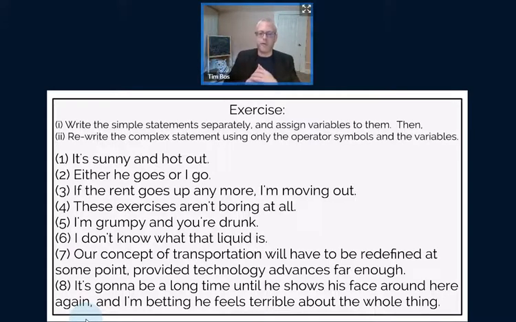Pretty straightforward. Negations are pretty simple too once you understand it, and sometimes you have to look for contractions like aren't and isn't and haven't, right? Things like that. But those are not that tricky either. The trickiest ones are conditionals. Conditionals are the tricky ones in the bunch. And there's a lot more work you can do with conditionals, and that's why you can do biconditionals where they point both ways. I'm not going to make you do that. I'm going to keep it pretty simple.